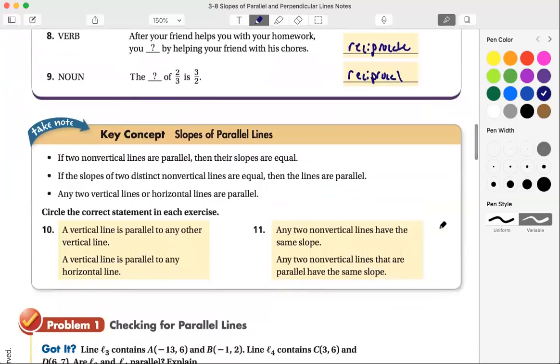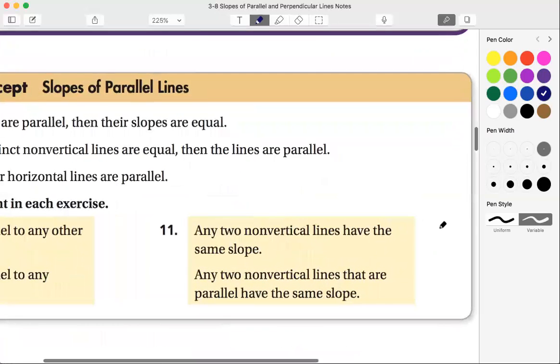All right, so key concept here, slopes of parallel lines. If two non-vertical lines are parallel, then their slopes are equal. If the slopes of two distinct non-vertical lines are equal, then the lines are parallel. Any two vertical lines or horizontal lines are parallel. So let's circle the correct statement in each exercise.